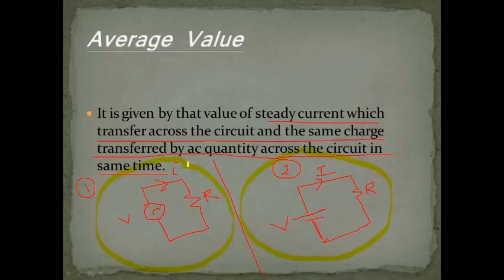So that is called the steady current. Whatever this steady current is, it is called the average value.